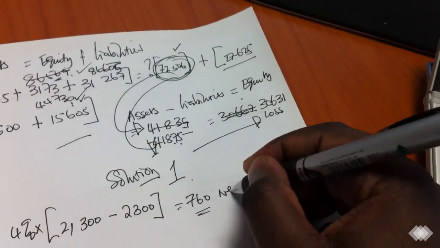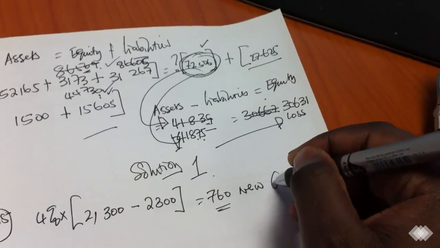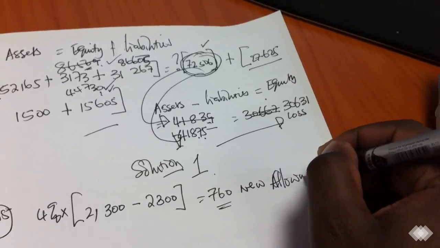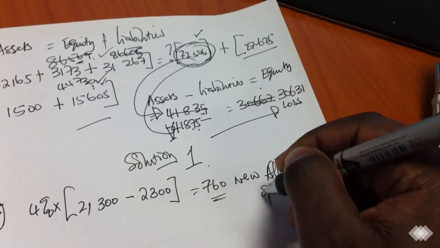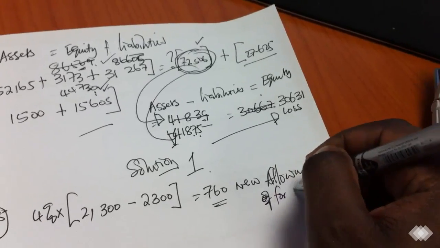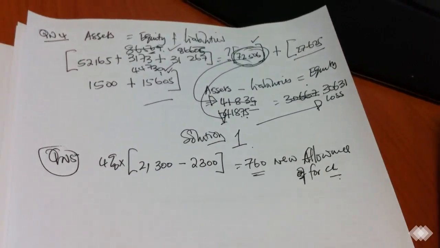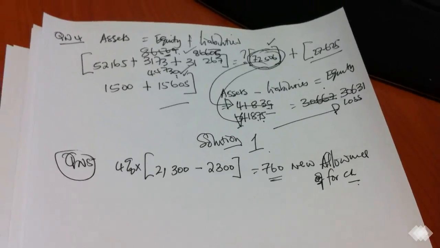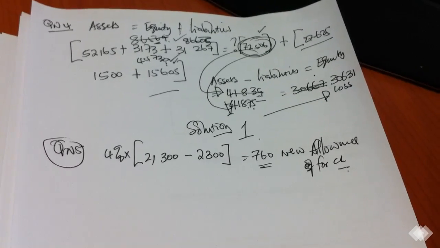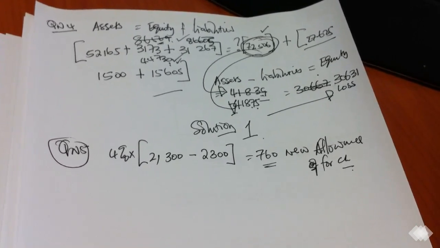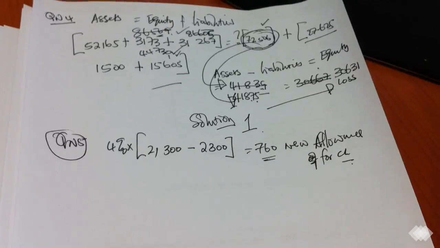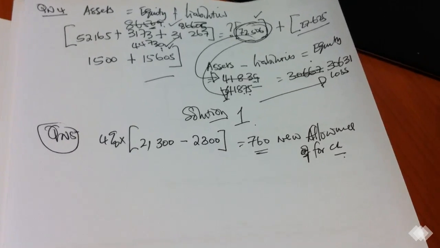So this is our new allowance for credit losses. All right. So it means our credit losses are reducing from 1.2 to 760.